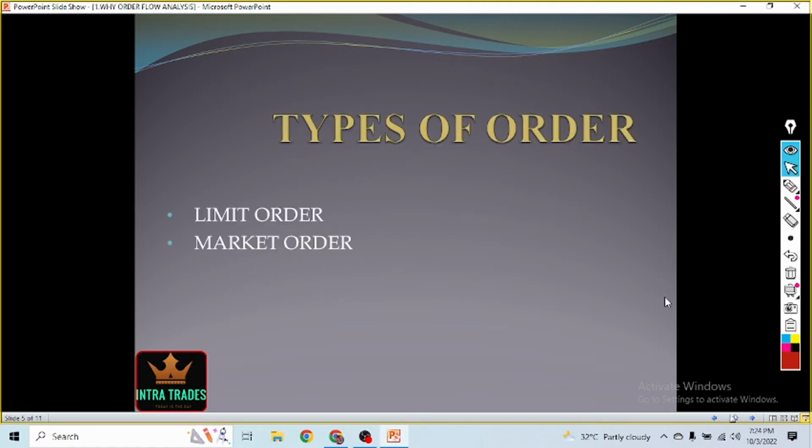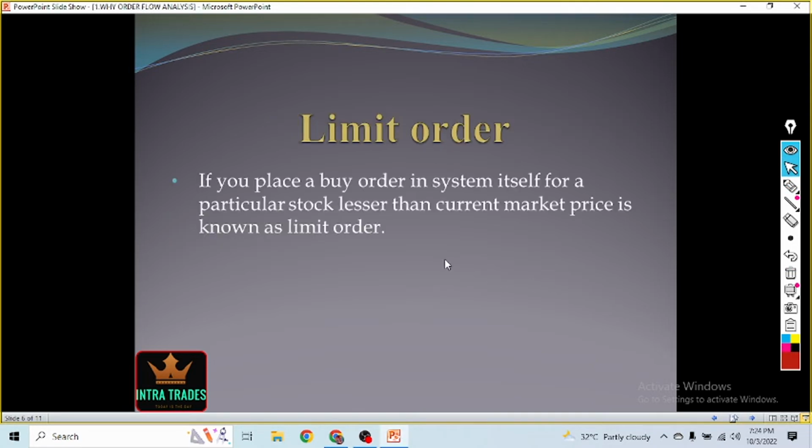Then before getting into order flow analysis, we need to know about limit order and market order. So what is a limit order and what is a market order? A limit order is nothing but, say some particular stock is trading at 100 rupees, and as a trader, you need to buy at 95 rupees.